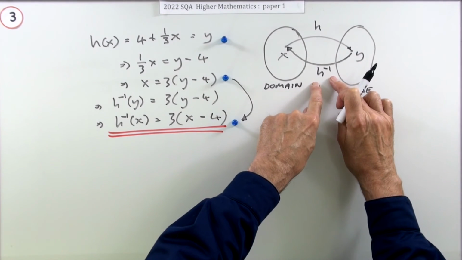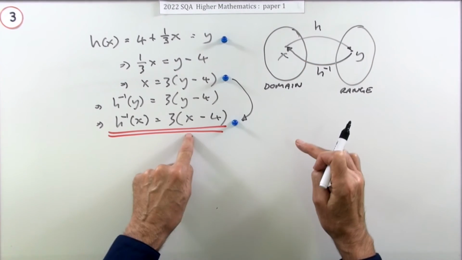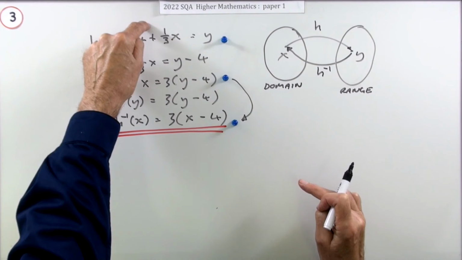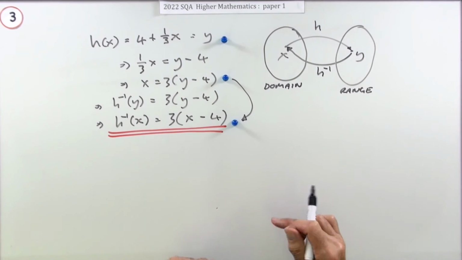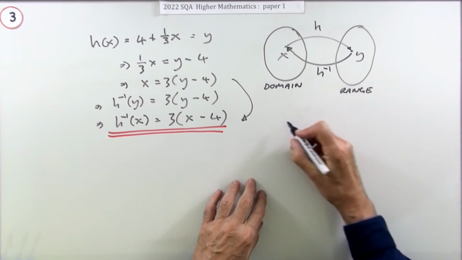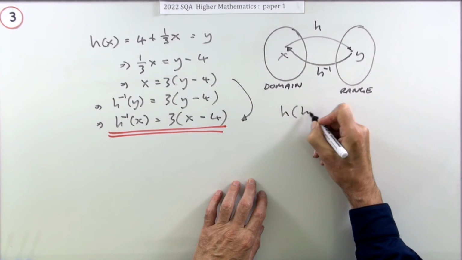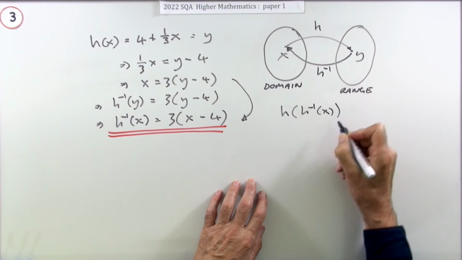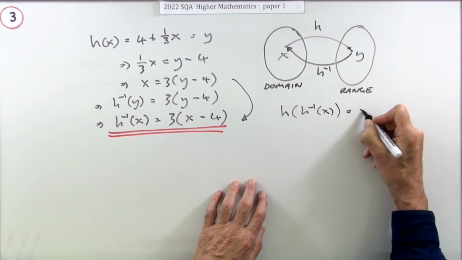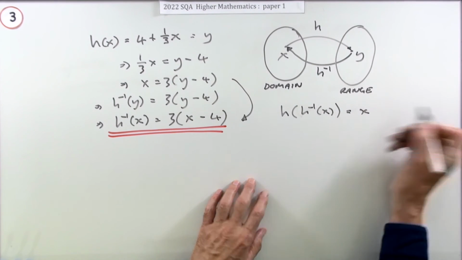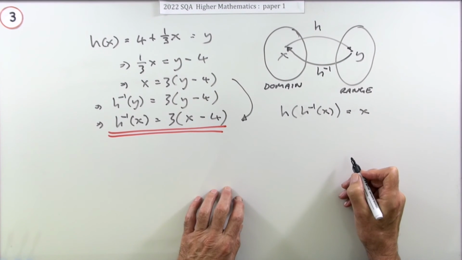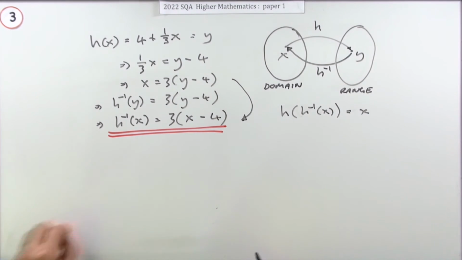If you apply the inverse of h, that's this function, and then apply the original one, it'll take you back to the original number. So you'd start off this method by saying h acting on the inverse function on whatever gives you back whatever. You tend to just use x, that's the standard. Doing that would give you a mark.